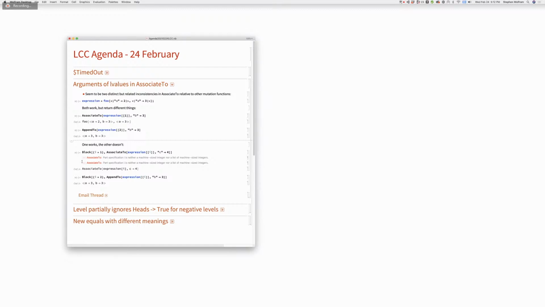Raising another question Ethan is raising on our live stream: efficiency of AppendTo. Now, clearly in modern times with the queue data structure and so on, linked list data structures, we could make it efficient. Although I don't know that AppendTo will act directly on a data structure. No, it doesn't.